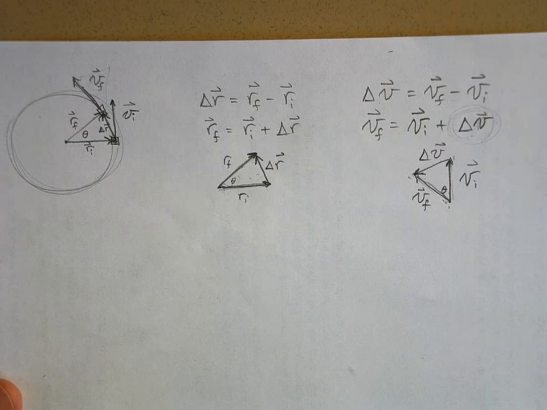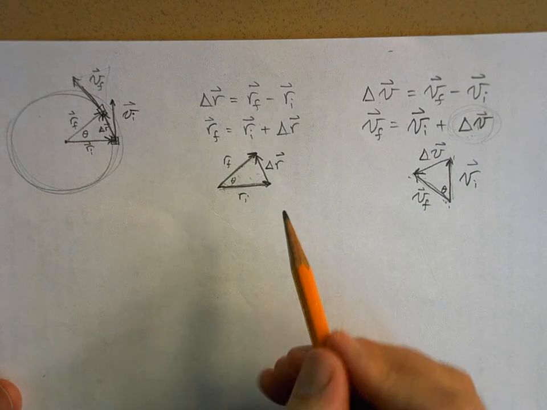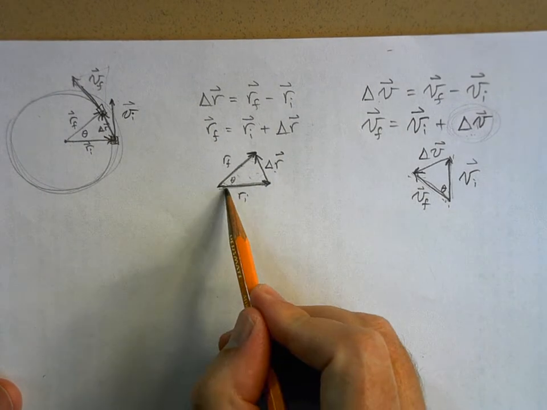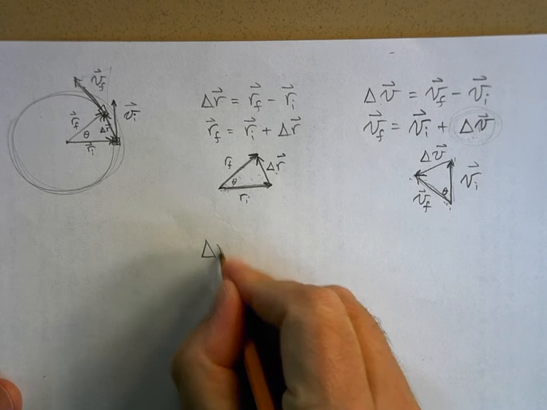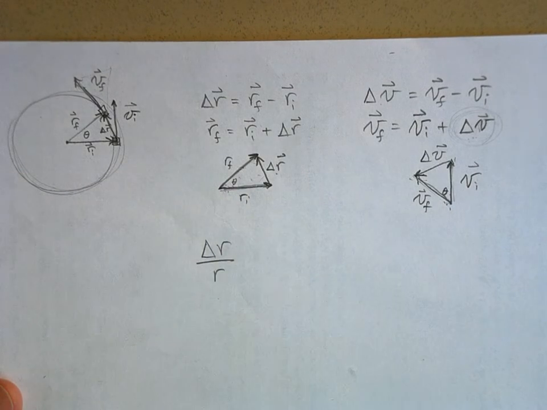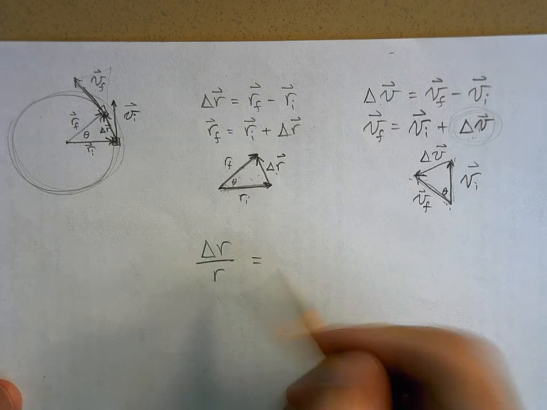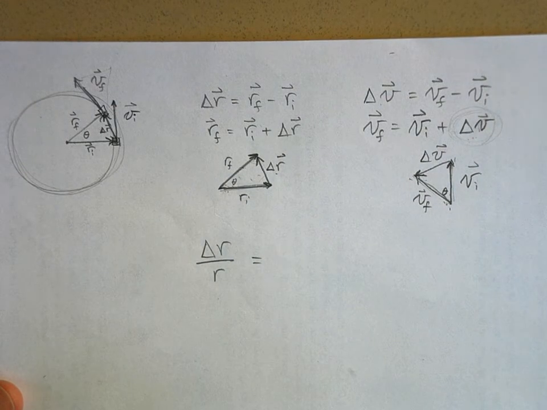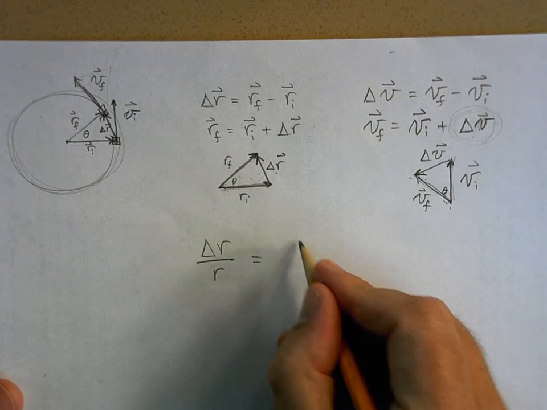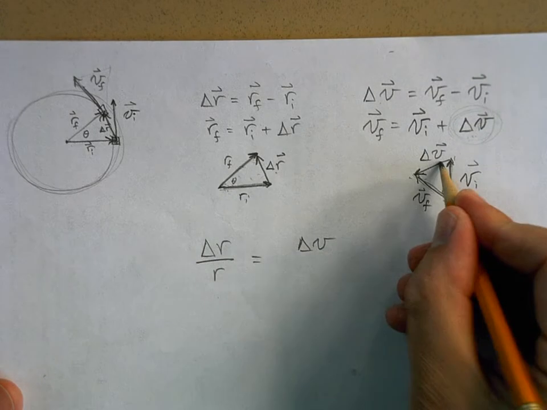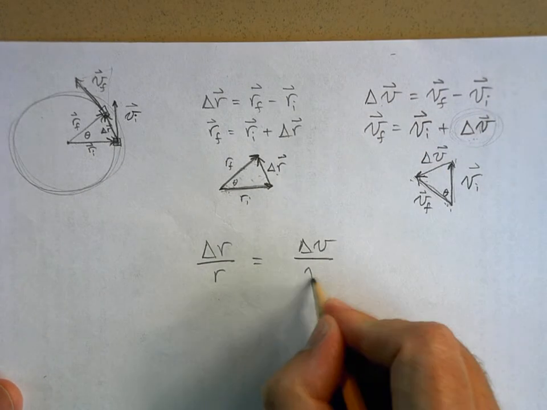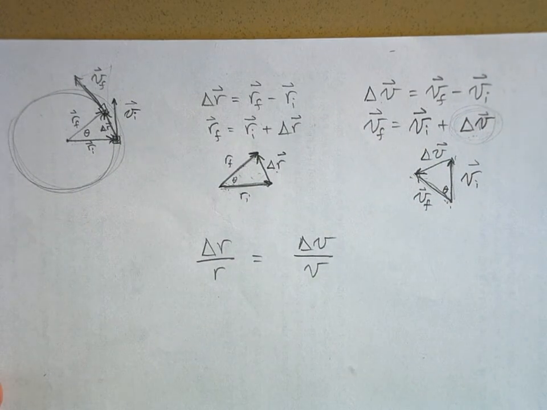So here's what I'm going to do. I'm going to say delta R is to R, and it doesn't matter if you use R initial or R final, because I'm just looking at magnitudes here, is the same as delta V is to V. Doesn't that make sense?